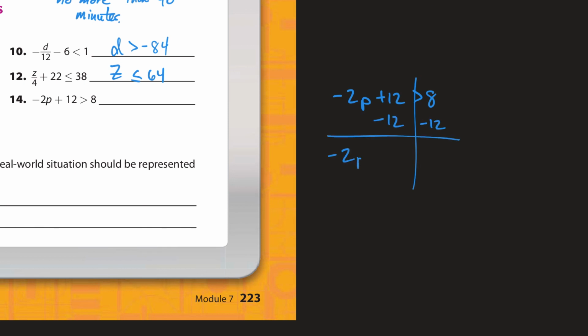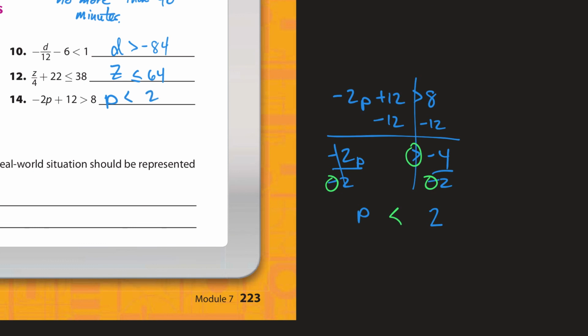I get negative 2p is greater than negative 4. That's multiplication, so I have to divide. I divide by negative 2. These cancel, I get p, and negative 4 divided by negative 2 is 2. And I divided by a negative right there. That's super important. The fact that you divide by a negative means you have to switch the inequality direction. So it's going to be p is less than 2.